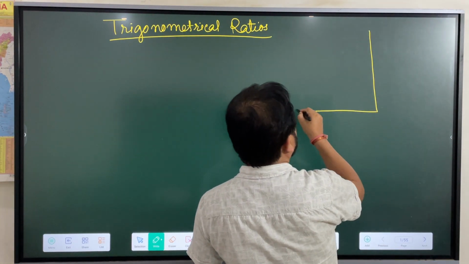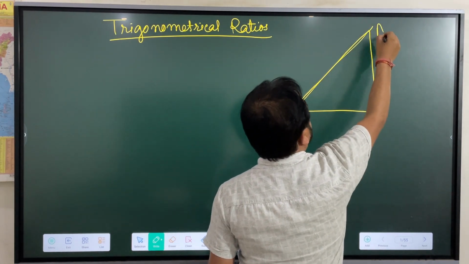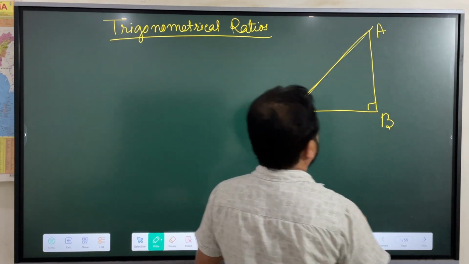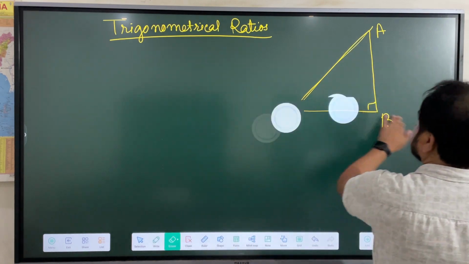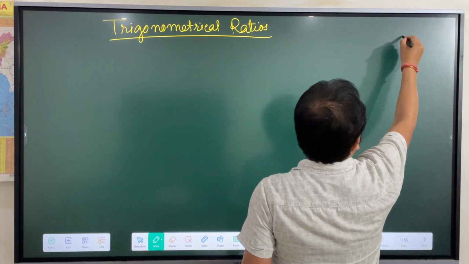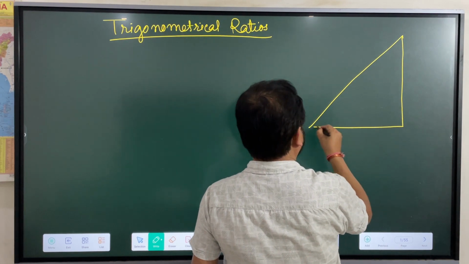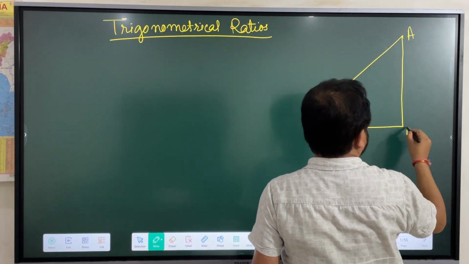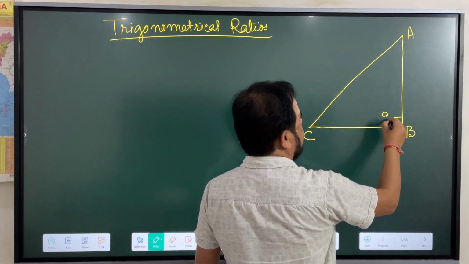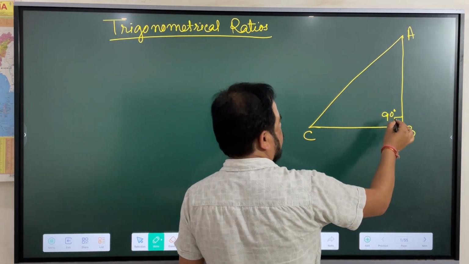in a right angle triangle, this diagram may be a little rough, ABC is a right angle triangle in which angle B is 90 degrees.